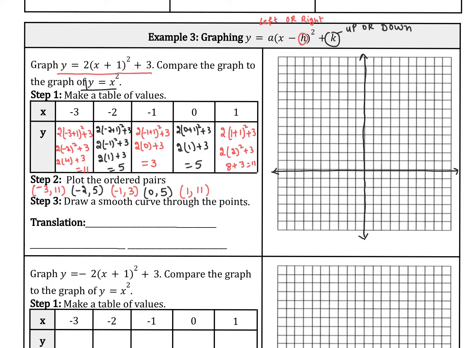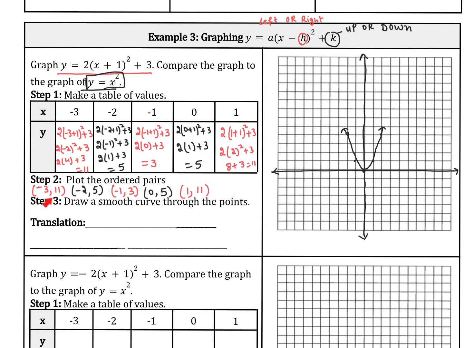My original graph is y equals x squared, starting from 0, 0 and 1, 1, and that's going to be 2, 4. Whereas my graph, this graph right here, 2 times (x plus 1) squared plus 3, I'm going to plot these points one by one and get the graph.